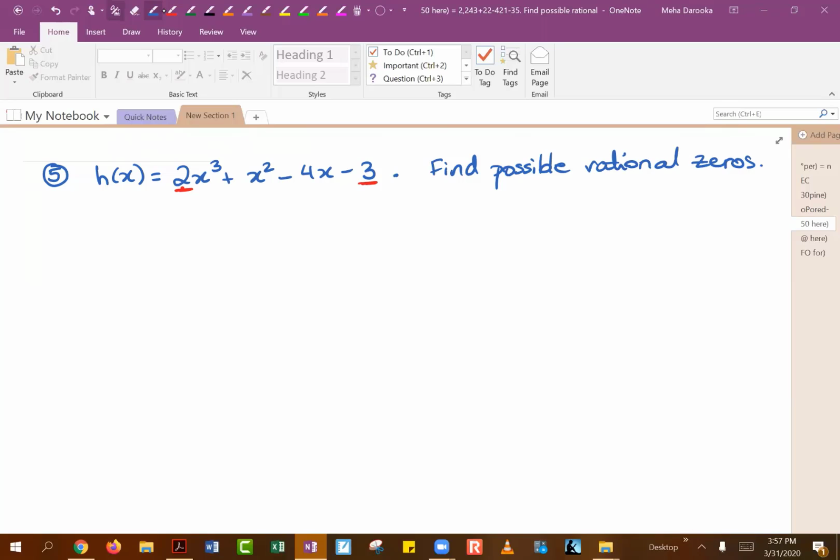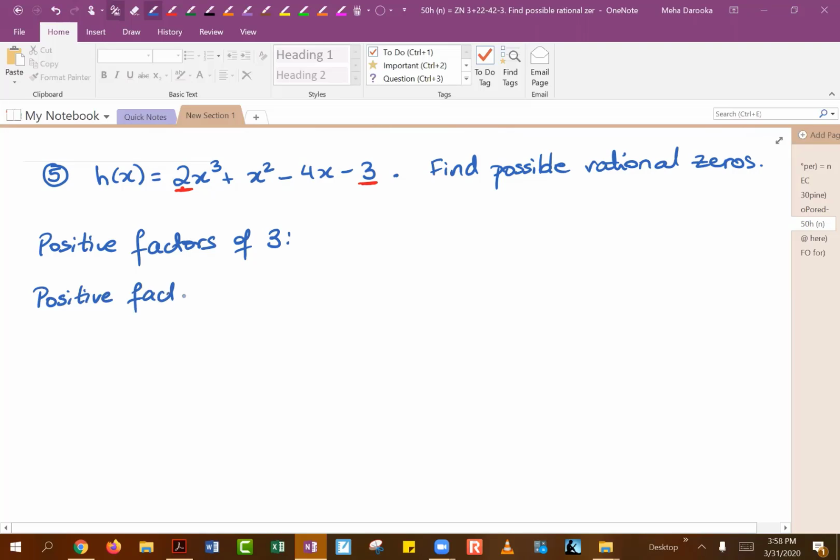So we are going to take all the positive factors of that constant term 3, and we are going to look at all the positive factors of that leading coefficient 2. So of course for number 3, 3 is only a product of 1 times 3. 2 is only a product of 1 times 2. So you don't have too many options in this case.